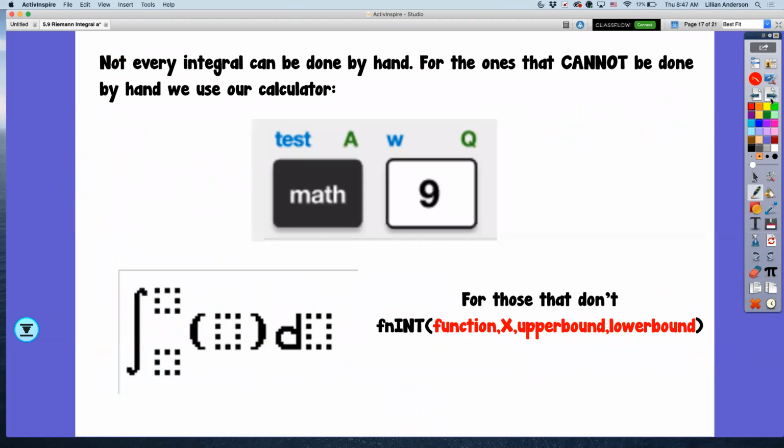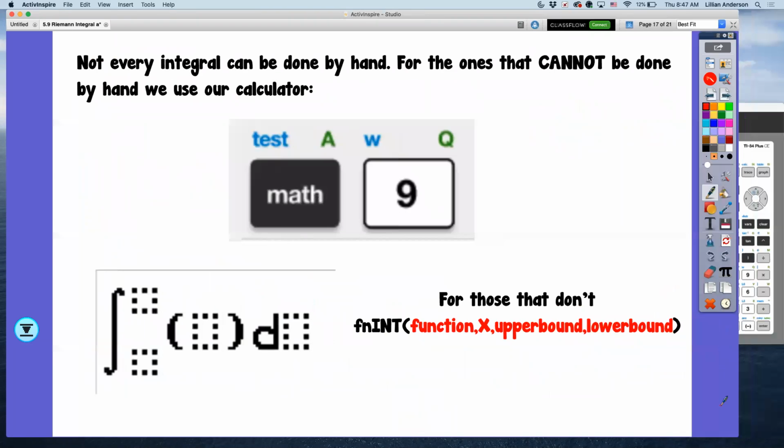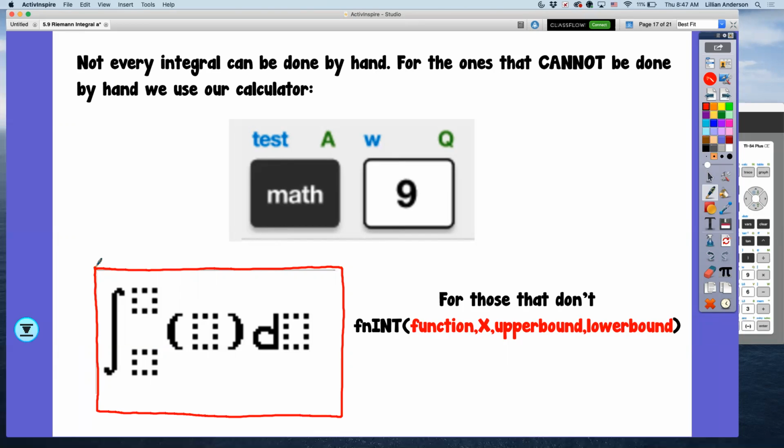You use your calculator by pressing these two buttons. You press your math button, and then you press your 9 button. This is for integrals that we don't know how to do by hand, or even the ones we do know how to do by hand, like our do now. When you type math 9, this right here will pop up if you have the updated version of your calculator, and it's literally the integral that you wrote.